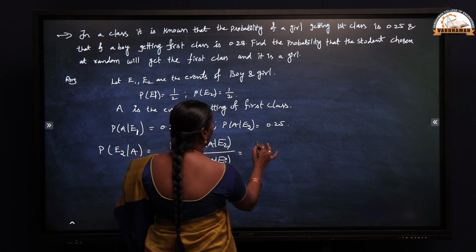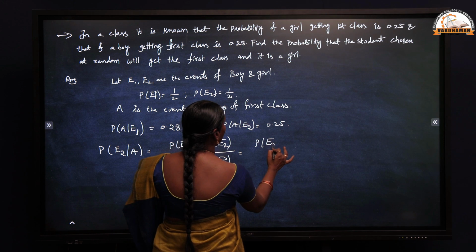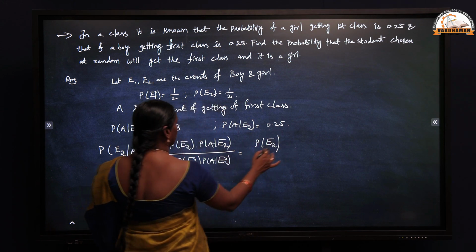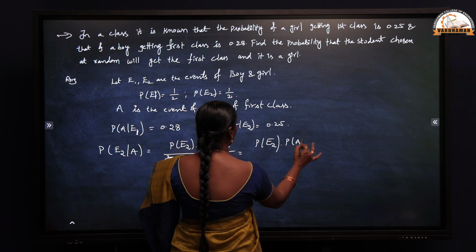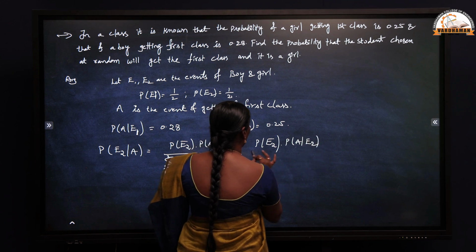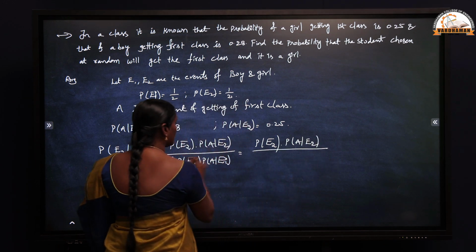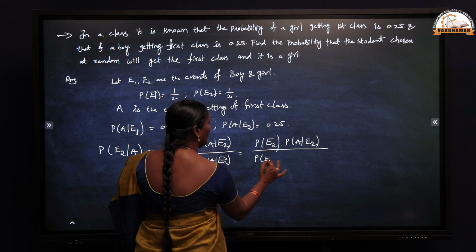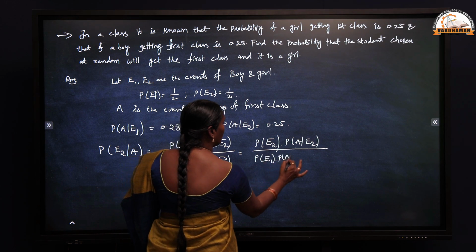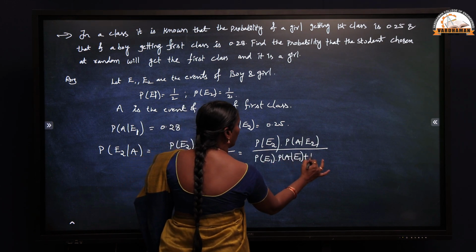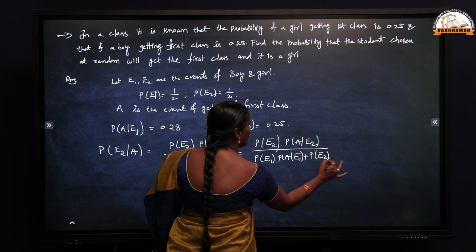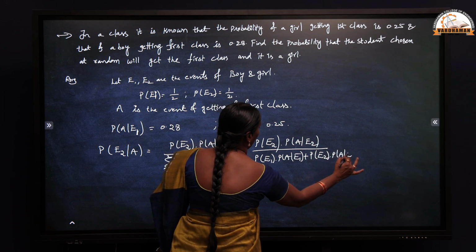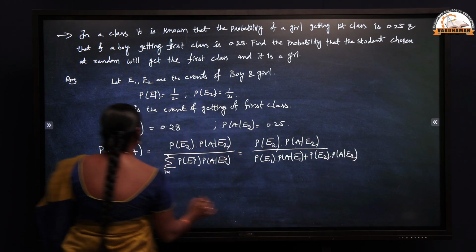We are finding only the girl event getting first class: P of E2 into P of A given E2 divided by the sum of the events, P of E1 into P of A given E1 plus P of E2 into P of A given E2.